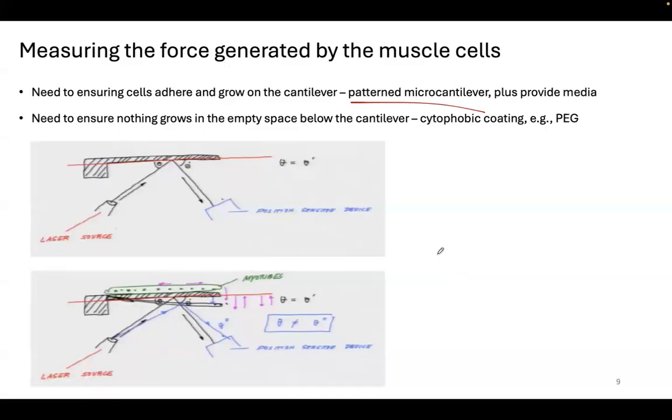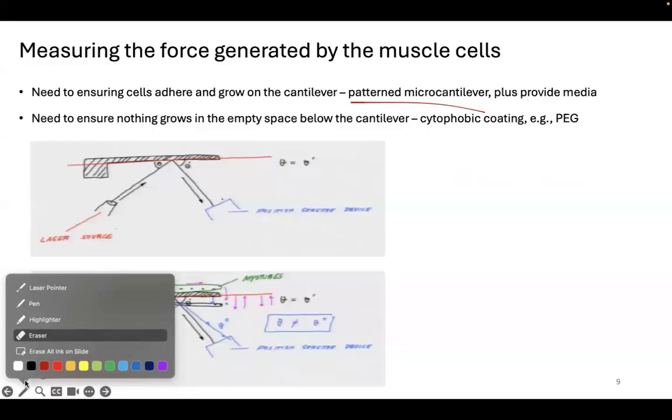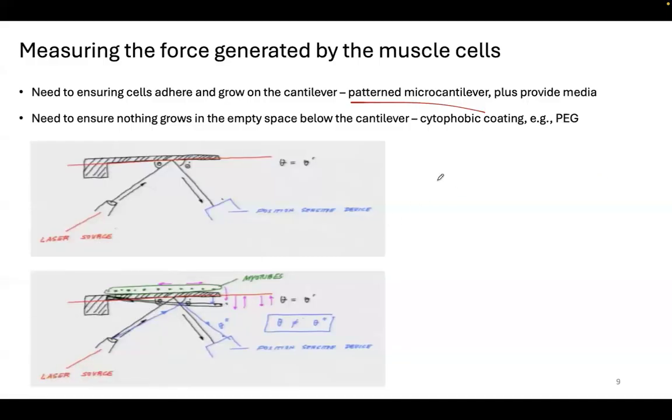Okay, so you have this. Now let's say, I'm not doing a great job of making this. Okay, so this is a horizontal surface, the absolute horizontal. And then, let's say, this is the sort of deflection that you've got now from the cantilever.